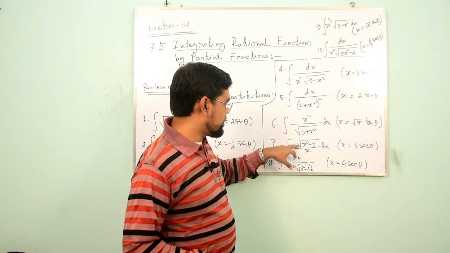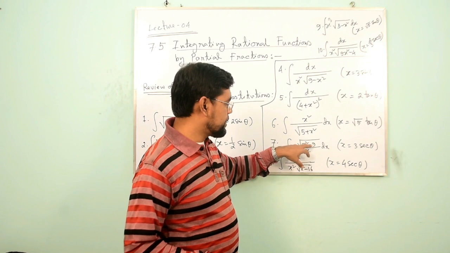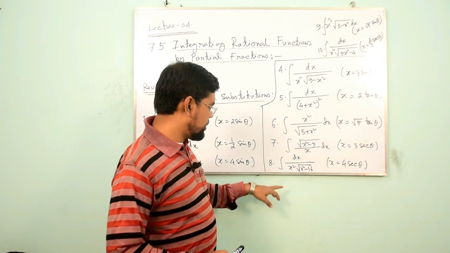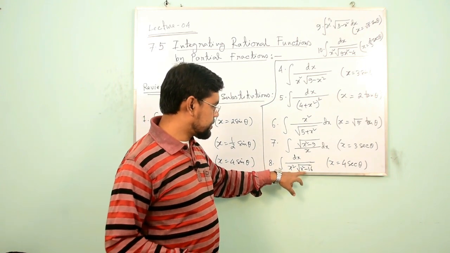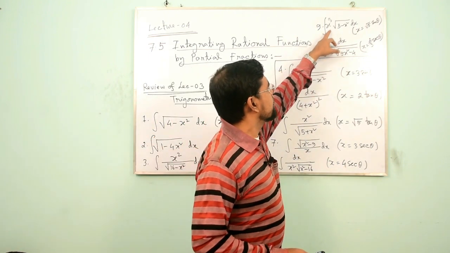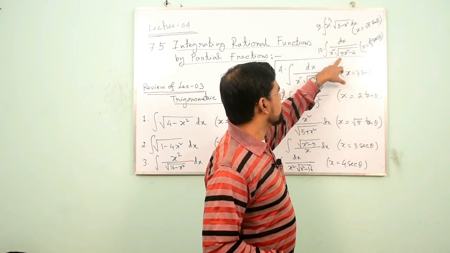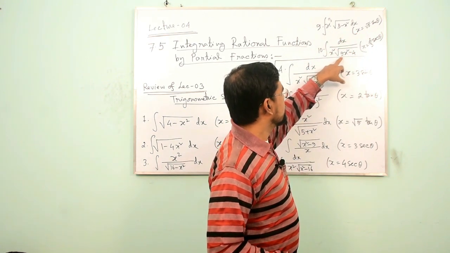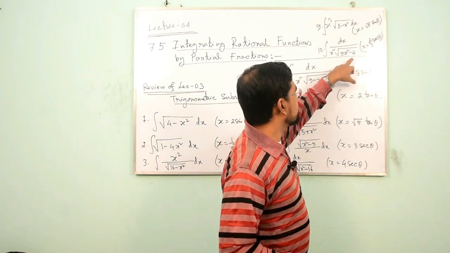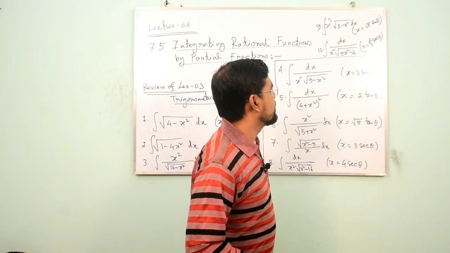For this one, since the preceding sign of x square is plus and a square is minus, x should be 3 sec theta, and for this integral x should be 4 sec theta, and for this one again x equals root 5 sec theta. And for this one you need to cancel 9, so it should be 4 by 9, and in that case your substitution will be 2 by 3 sec theta.